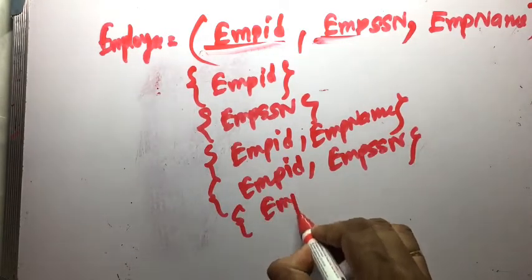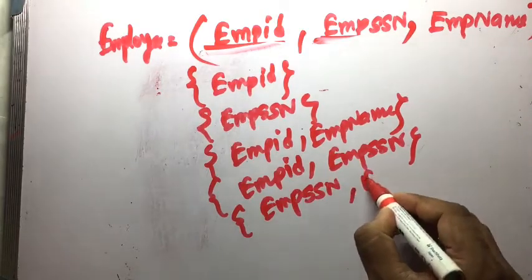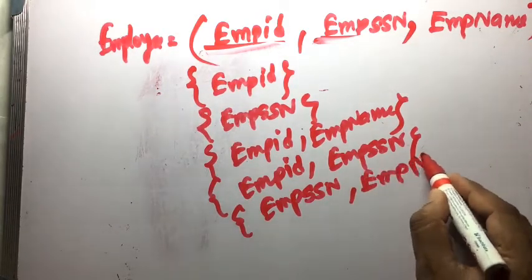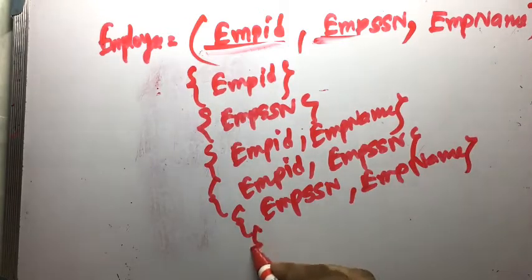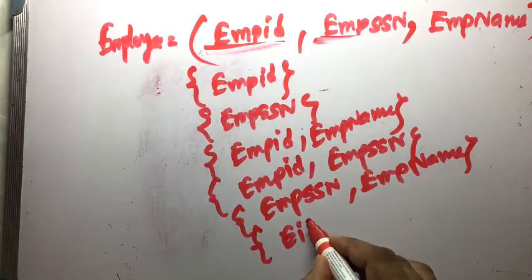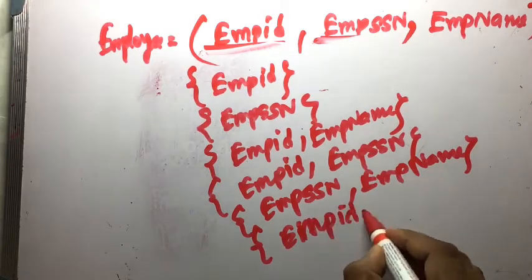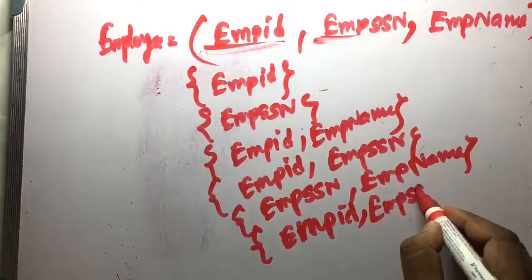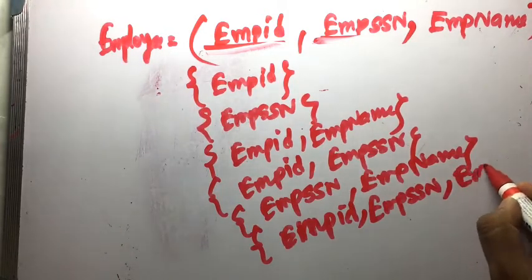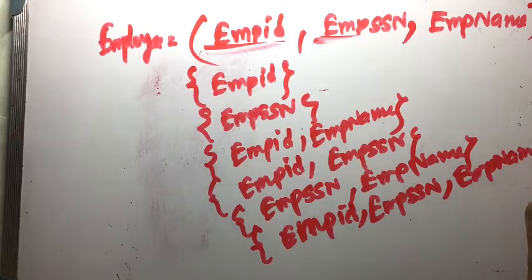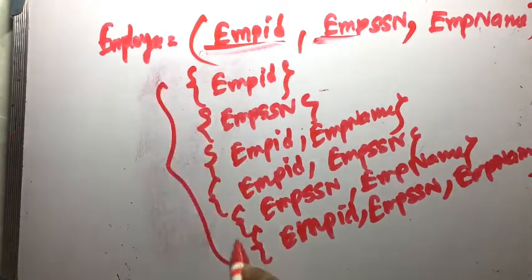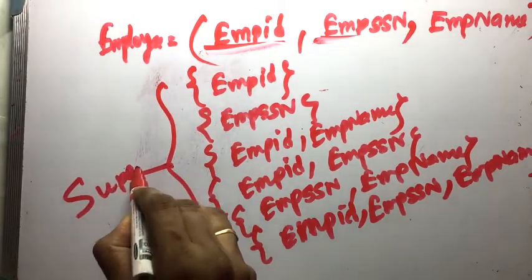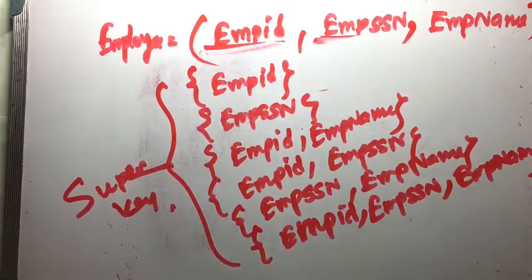EMP SSN, EMP name is a super key. EMP ID, EMP SSN, EMP name is a super key. So all are super keys. A super key means a group of single attributes, or there can be many attributes, that uniquely identify.